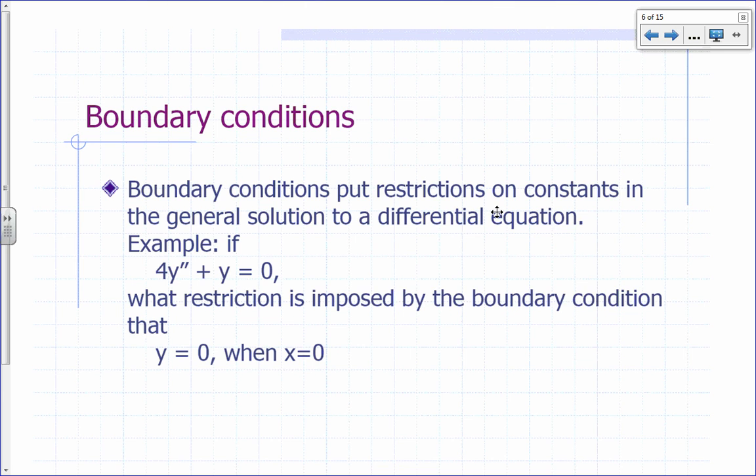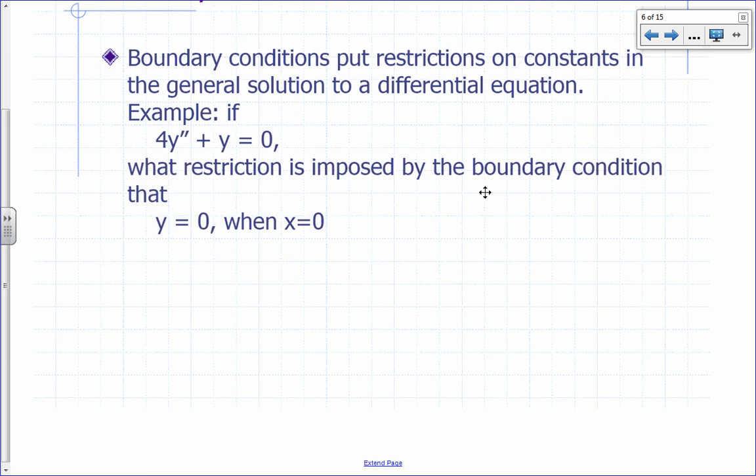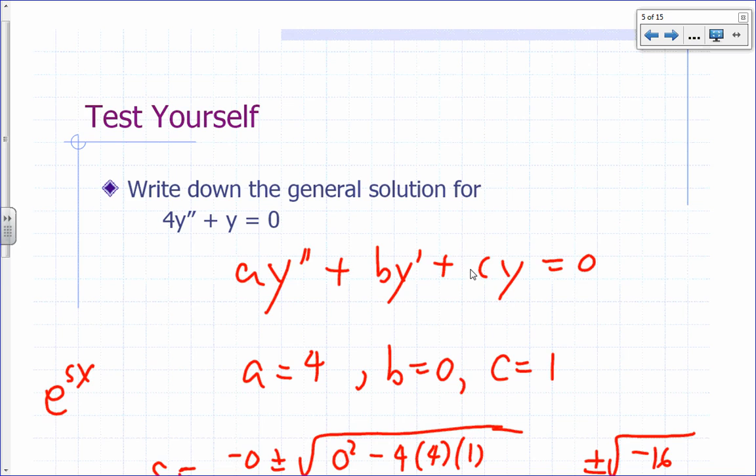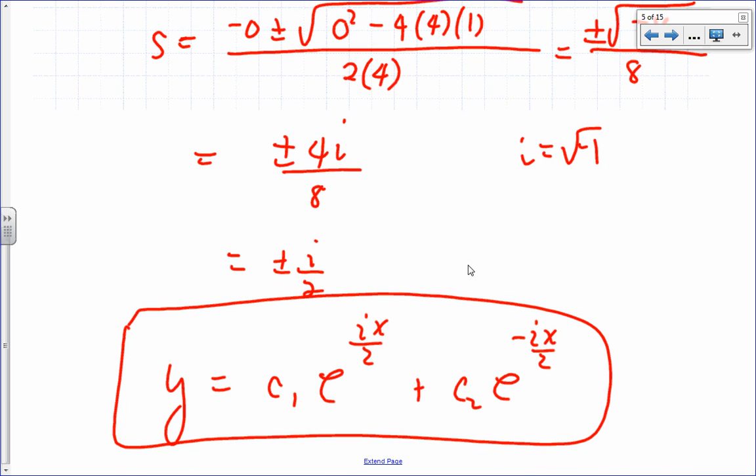All right. Boundary conditions. Boundary conditions put restrictions on the constants in the general solution of a differential equation. In other words, when you solve a differential equation, you find that there's a lot of functions that will satisfy that differential equation. Like in this example right here, C1 and C2 can be any constant, right?